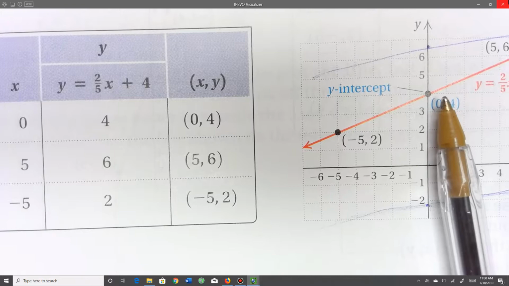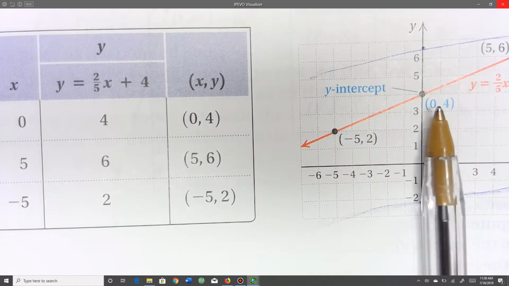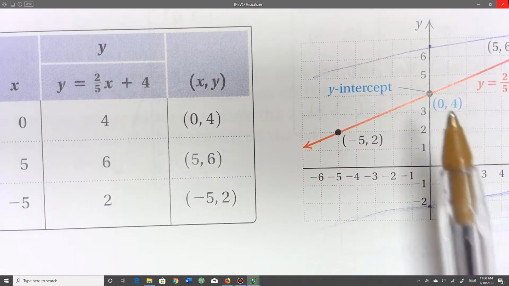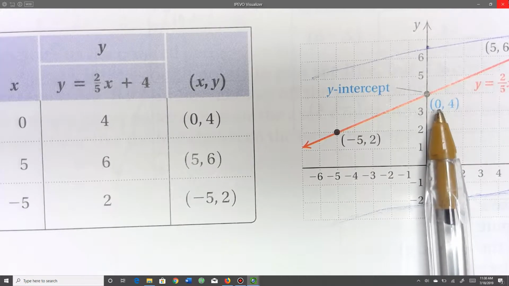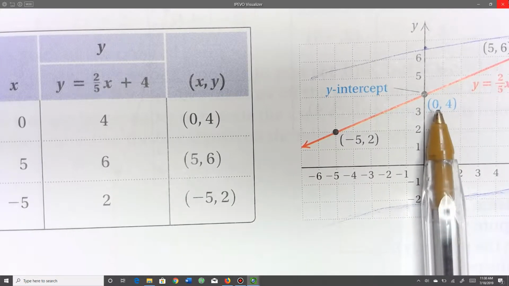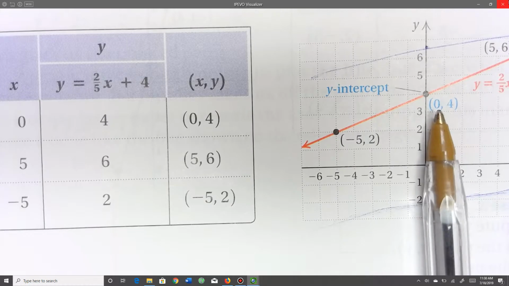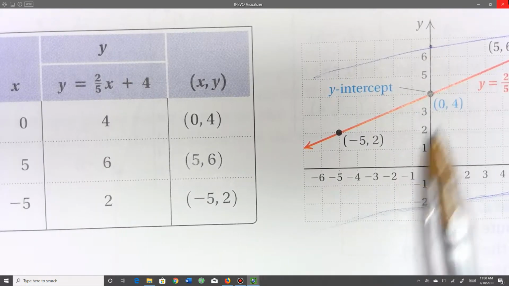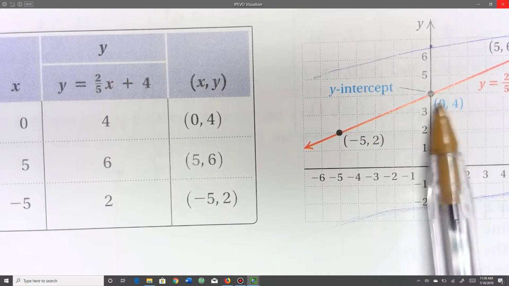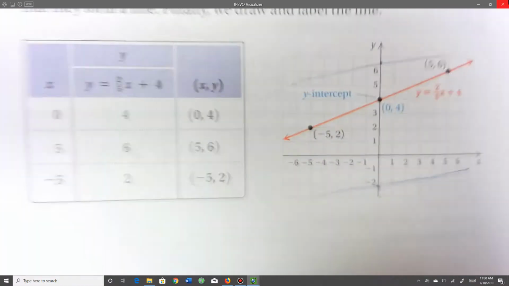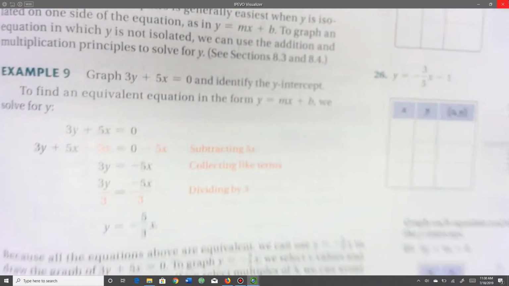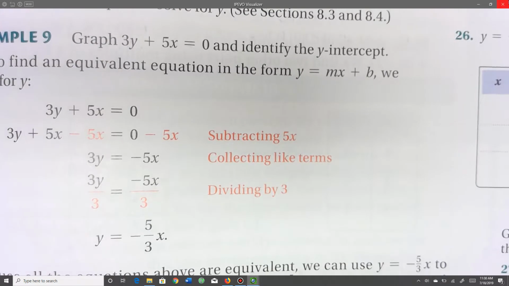That process repeats itself again and again, because your x variable is always going to be 0 for any y-intercept. All right, let's move on to this example here.